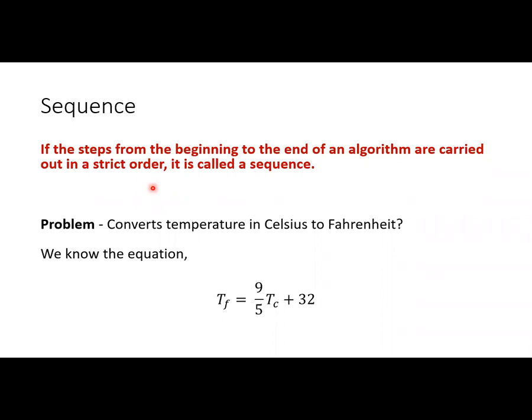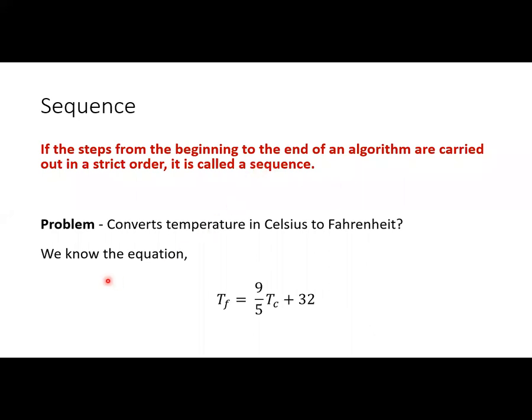It just means the steps in the algorithm are carried out one after the other, from the beginning to the end, in a particular consecutive order. You don't need to remember this definition.